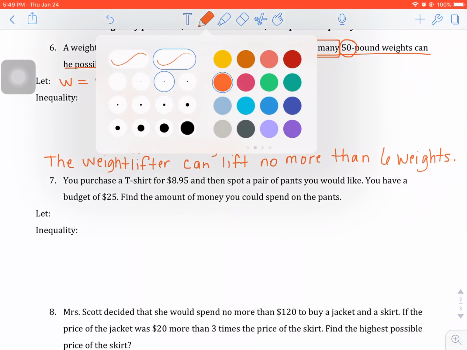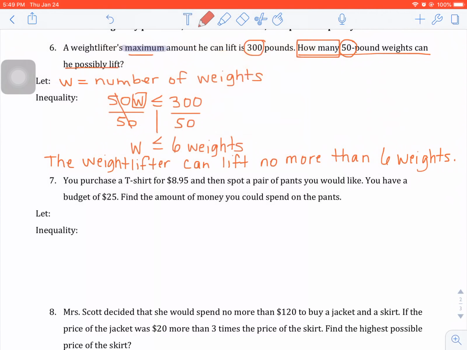Okay, so for number 7, you purchase a t-shirt for $8.95, and then you spot a pair of jeans that you would like. You have a budget of $25. Find the amount of money you could spend on the pants. So our key numbers are going to be $8.95 and $25.